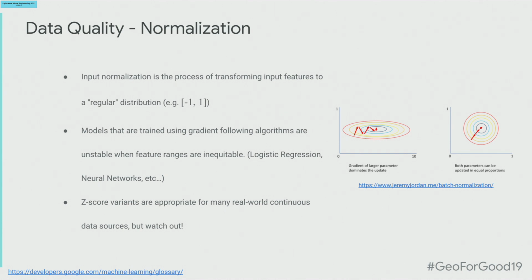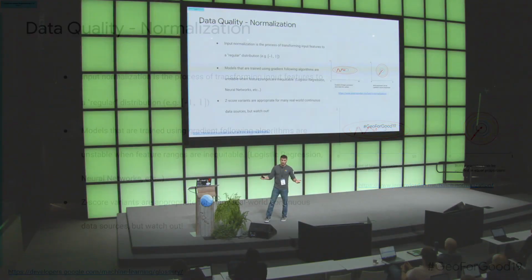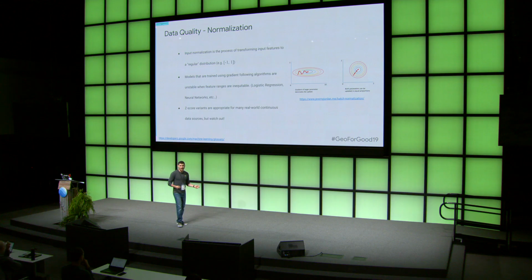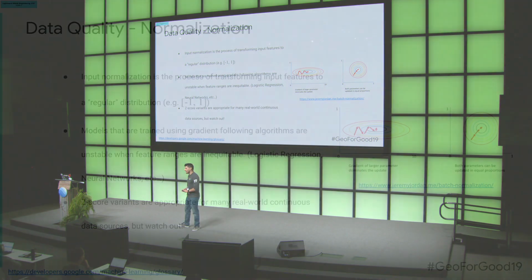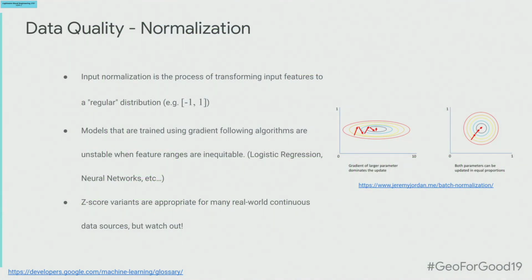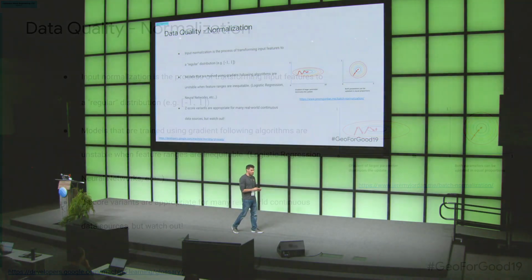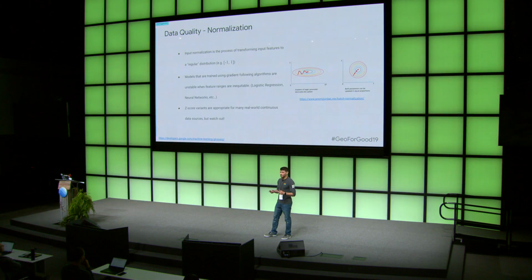And really, this is because you compute the gradient across all the parameters of your model, you take a step, and if some input range is much larger than another input range, the gradient's going to dominate in that direction. And since your learning rate is usually fixed per parameter, you can use adaptive learning rates to help this a little bit. But again, that's not something we're getting into. Your gradient descent is less numerically stable and will take longer, and usually will converge to a much further minima than the one that you'd really like, than the actual minima.